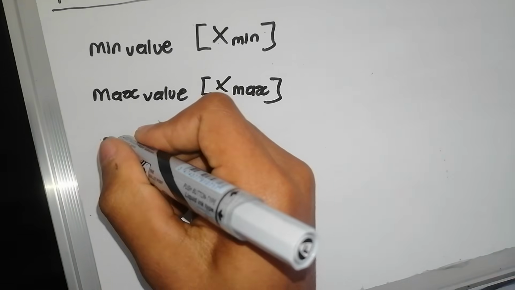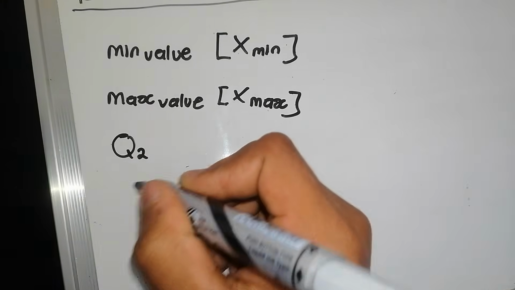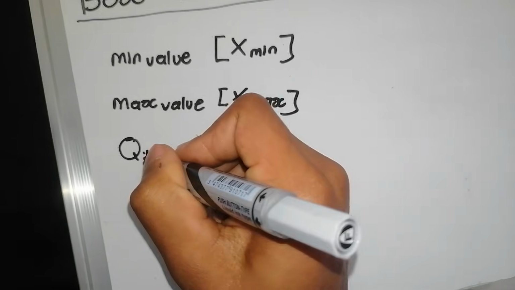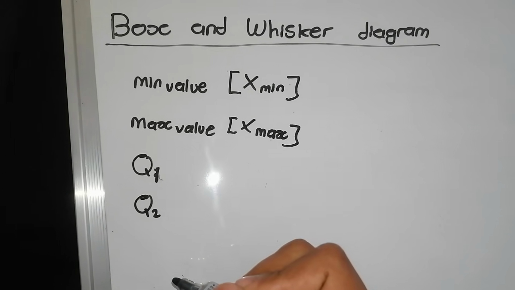and then you need your lower quartile, which is Q1, then your middle quartile, Q2, and then your upper quartile, Q3.